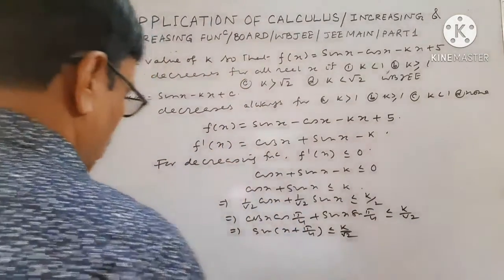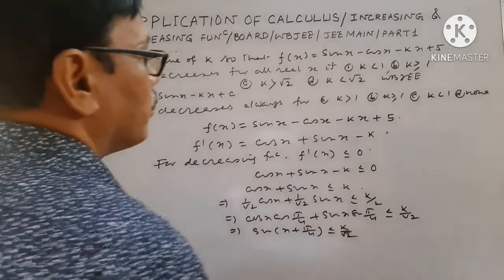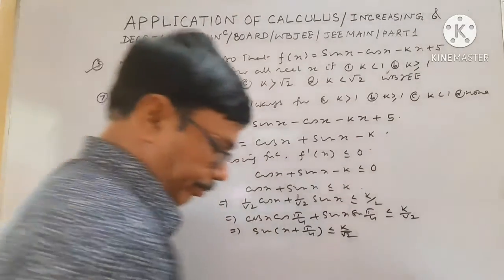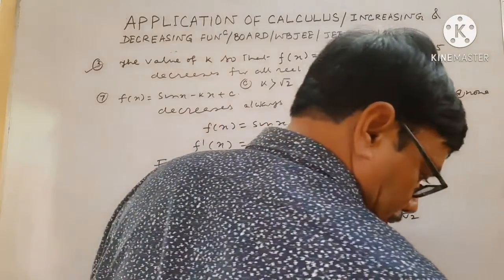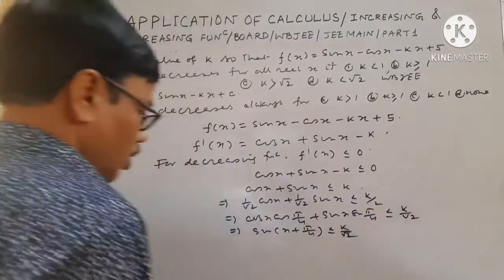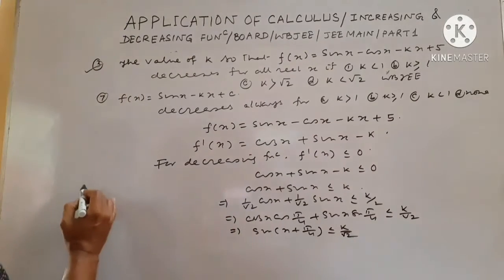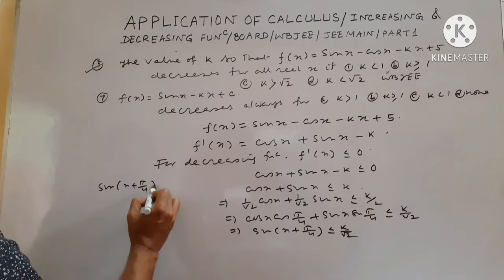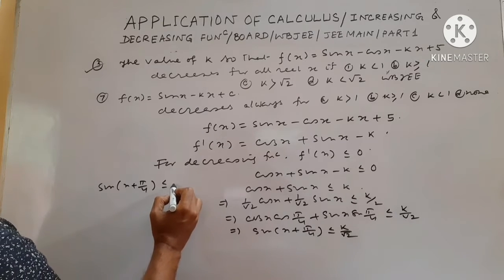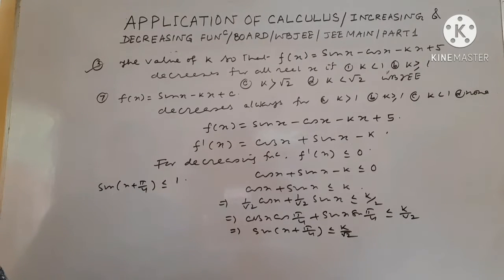Now we know sin of x plus pi by 4 is less than or equal to 1.